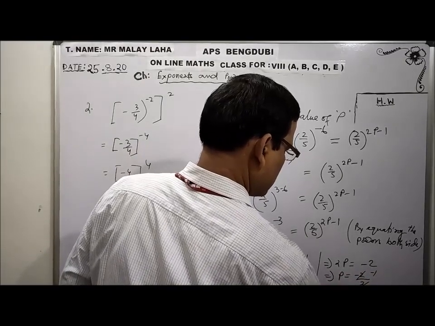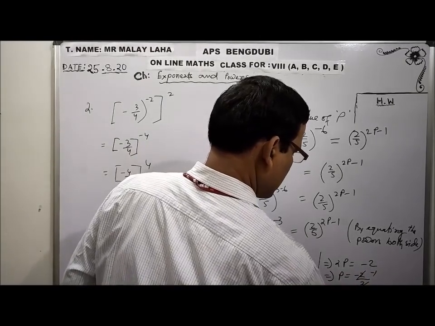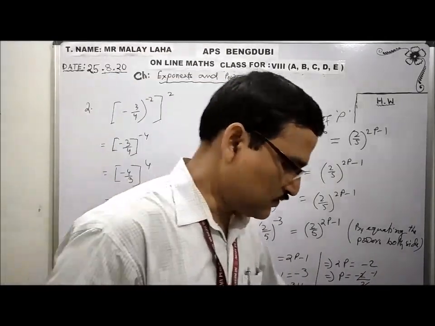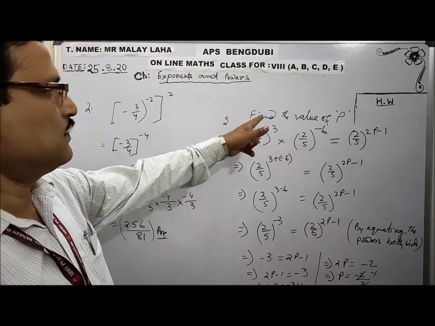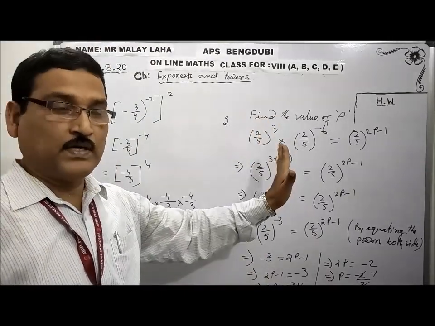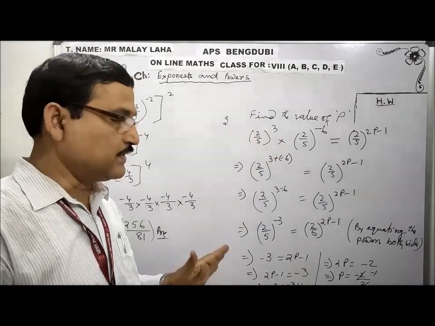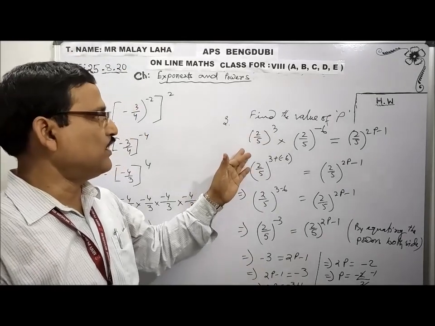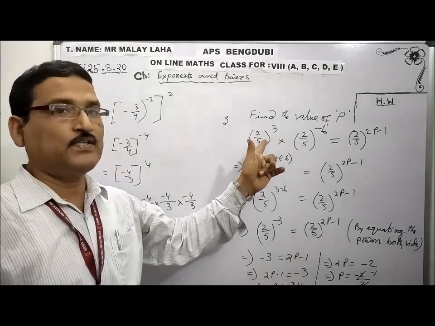So p equals minus 1. Answer. So your value of p is minus 1. You see, very important questions. This is the simpler form, but in class 9 you will get a little more complex form. The concept is the same, only you have to see that on both sides the base should be the same.